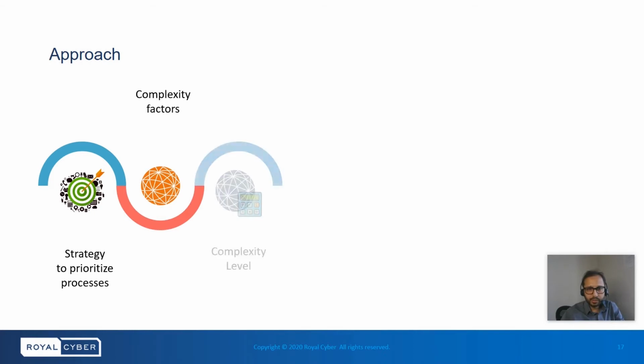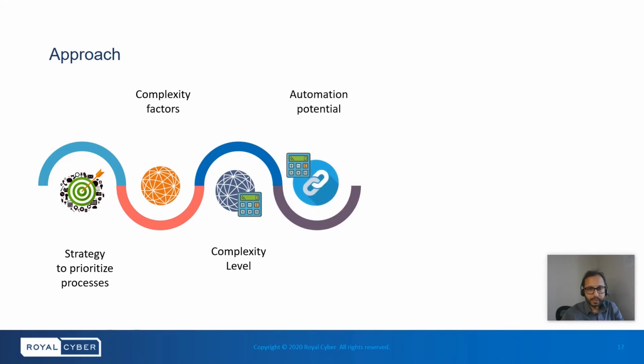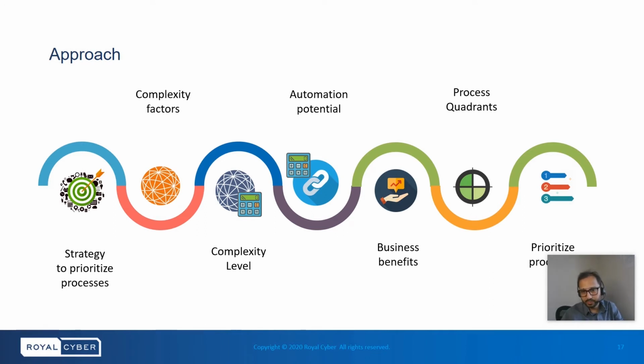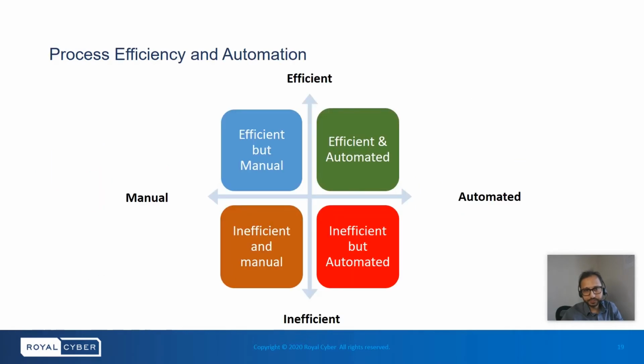We'll try to calculate complexity levels and calculate automation potential, map business benefits, map the process into quadrants. We'll see what quadrants I'm talking about, and prioritize processes based on your organization or your business unit's goal and ease of automation. As I said, we'll have more details about these later in this session.